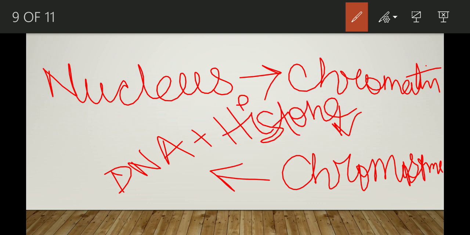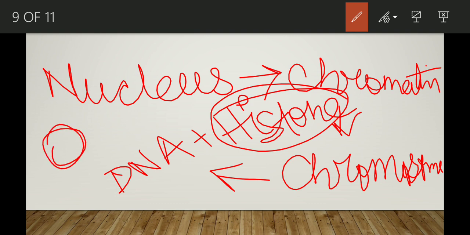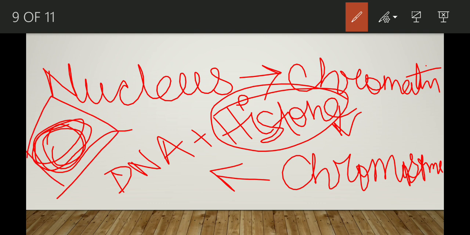Eight histone molecules form a core, an octamer, and around this core the DNA strand winds around these histone molecules. This particular structure is the nucleosome.